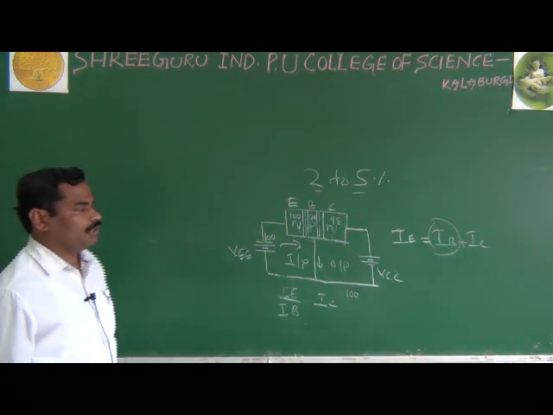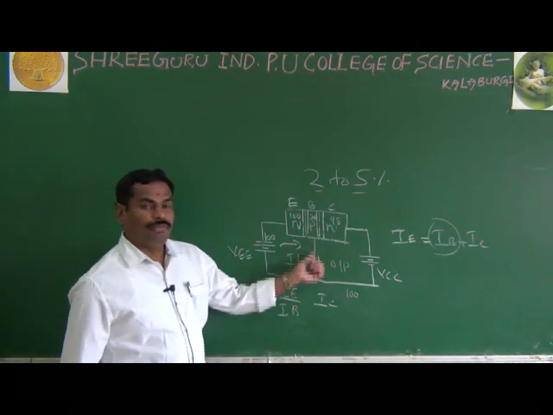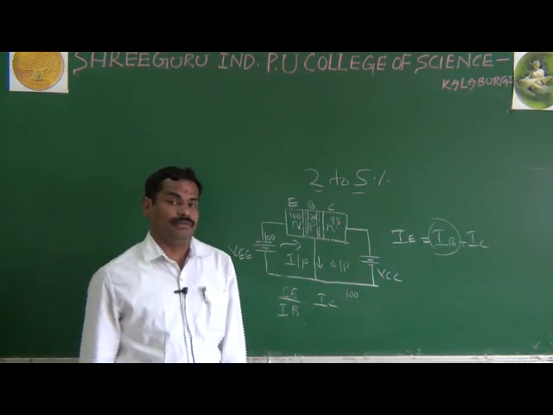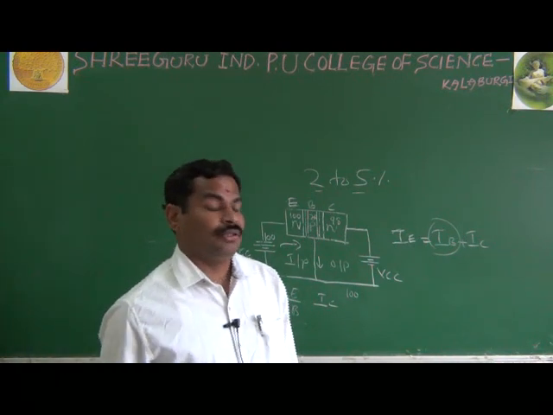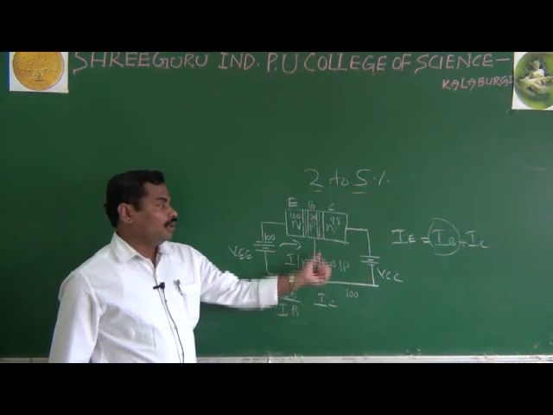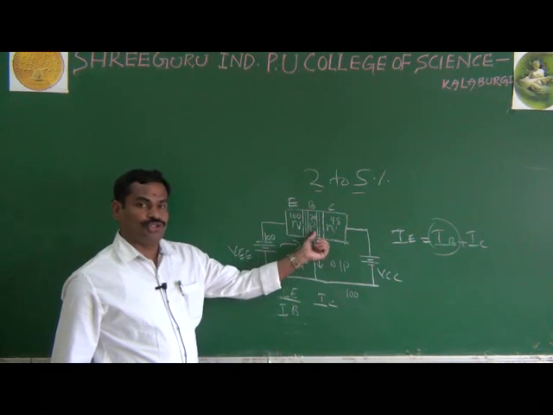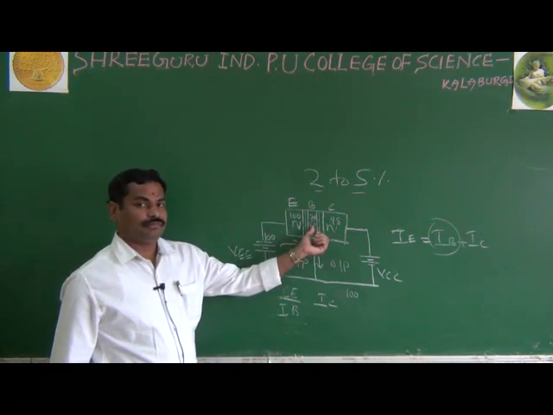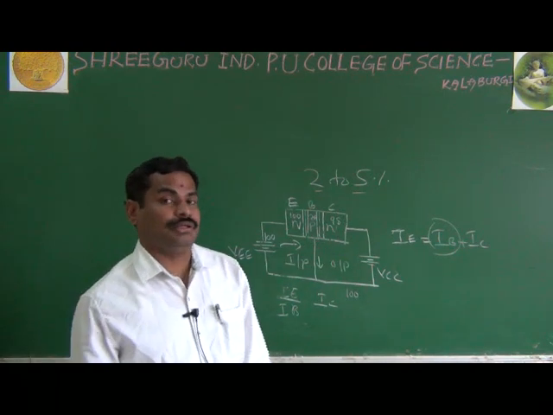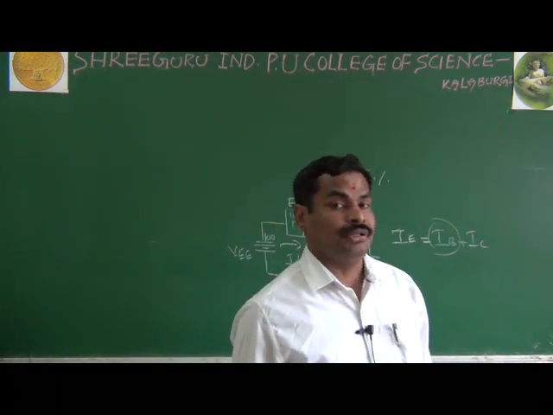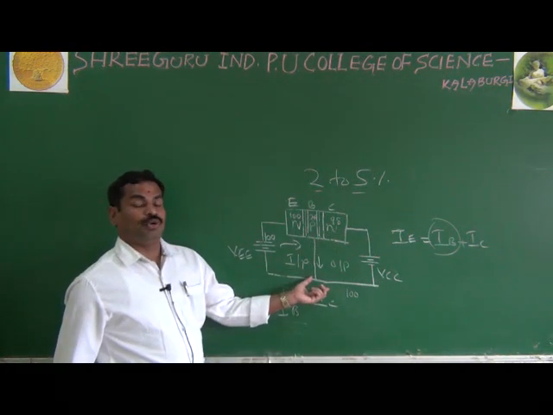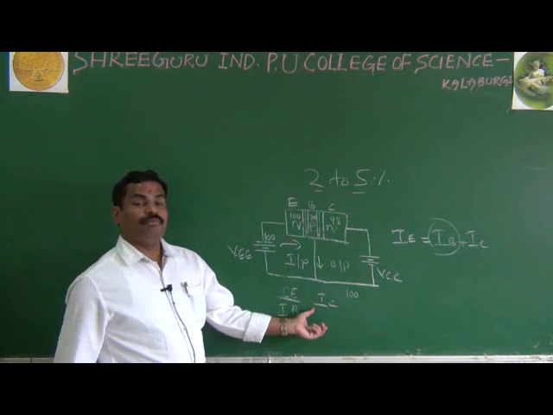So by breaking the covalent bonds we get electron and hole in pairs, and the electrons coming out of the base, that current is nothing but the base current.